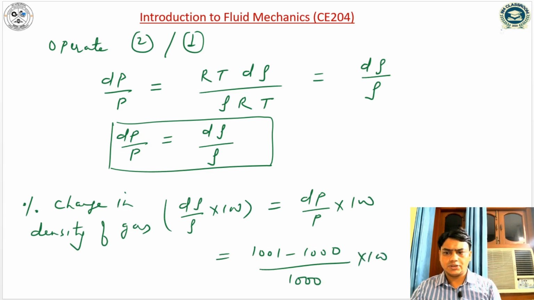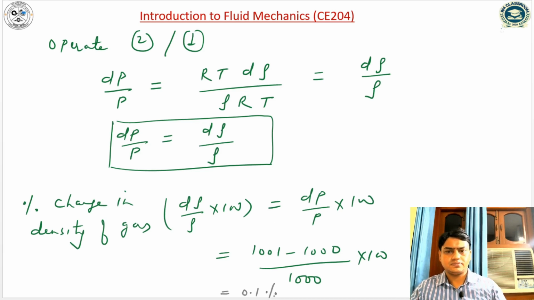So the percentage change is 1 divided by 10, so 0.1%. So the percentage change in density is 0.1%.